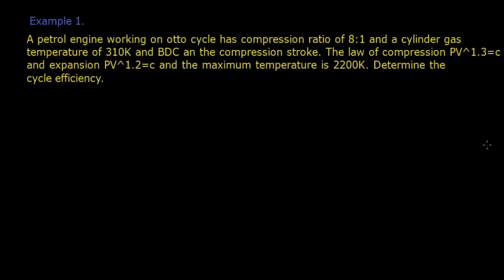The law of compression is PV raised to power 1.3 equals C, and expansion PV raised to power 1.2 equals C. The maximum temperature of the cycle is 2200 Kelvin. Determine the cycle thermal efficiency.